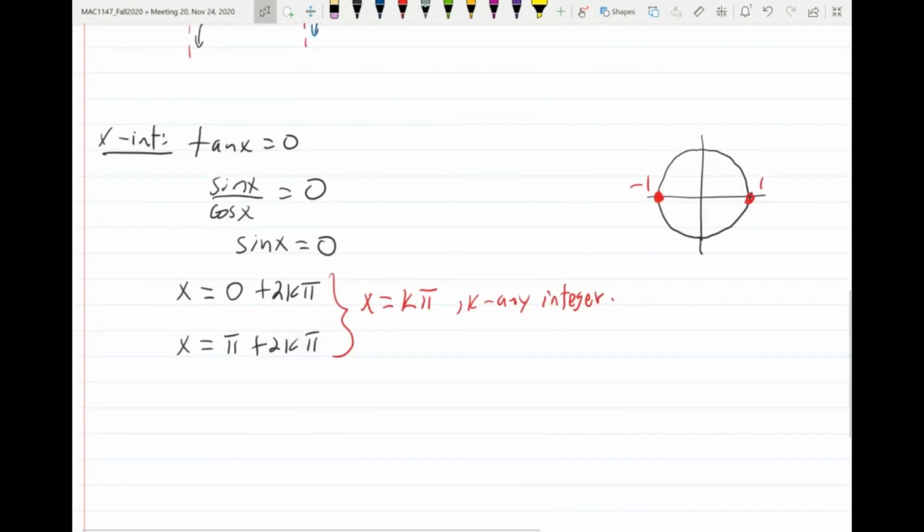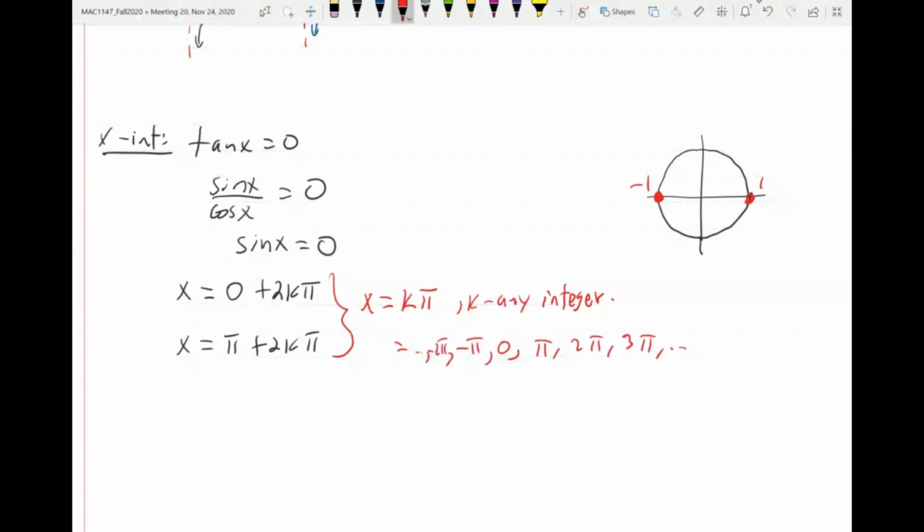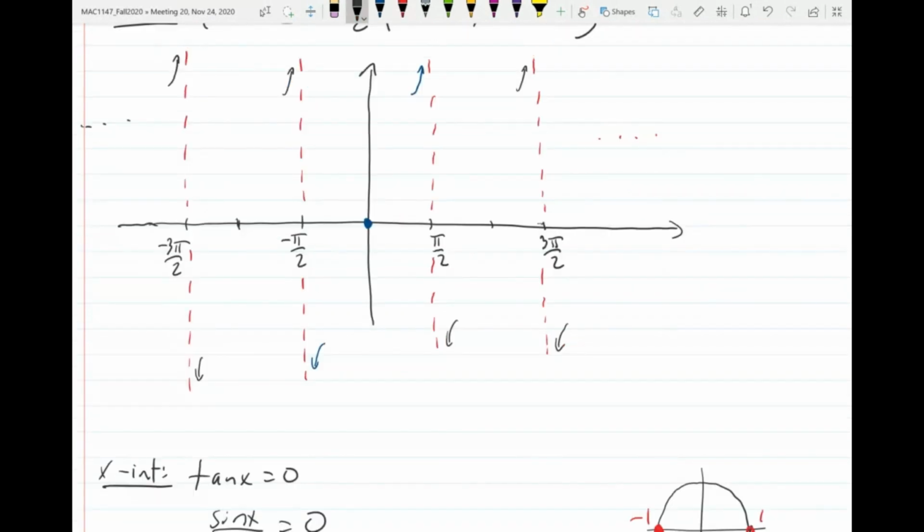So let me spell it out here. That's 0, pi, 2 pi, 3 pi, and so on, negative pi, negative 2 pi, etc. Okay, keep going to the right, keep going to the left.